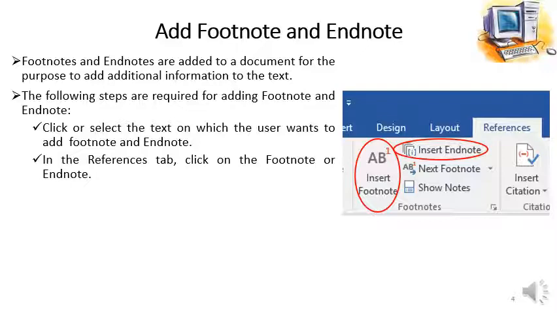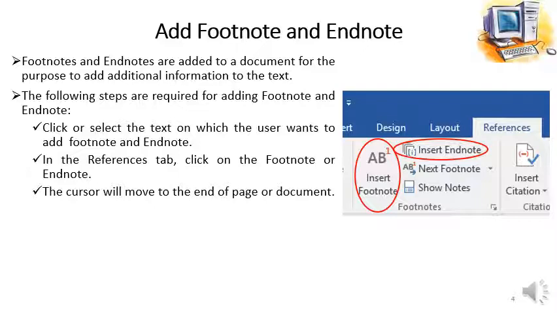So both options are there in the reference tab. We have to click on it according to our requirement. If we want to insert the endnote, we have to click on the endnote, and if someone wants to insert the footnote to the text in the Word document, he should click on the insert footnote option.